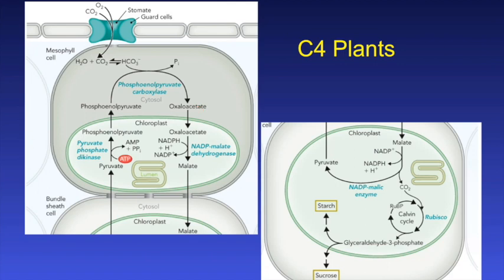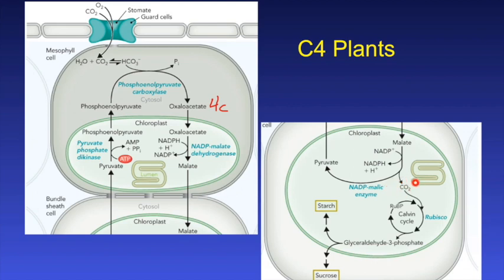The oxaloacetate, by happenstance, is a 4-carbon intermediate. This is why they are called the C4 plants. That is placed into the chloroplast. That gets converted into malate. Malate comes into another compartment, and I regenerate pyruvate, but at that moment in time, I give off CO2.